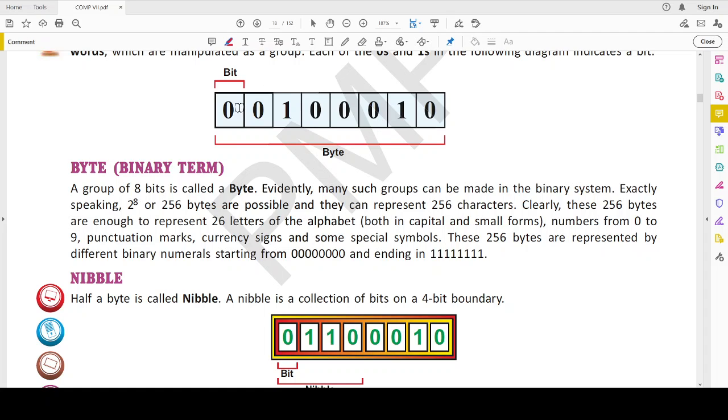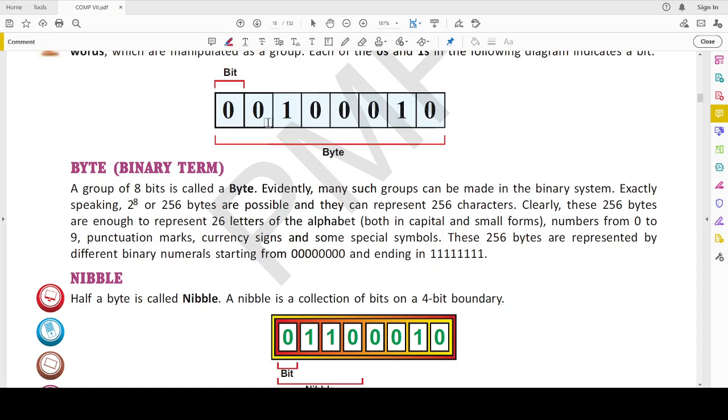For each of these 8 places, you will multiply 2, 8 times, right? For this place, you will multiply 2. For this, you will multiply 2. So in this way, you will multiply 2 eight times, making it 2 to the power 8, making it 256.